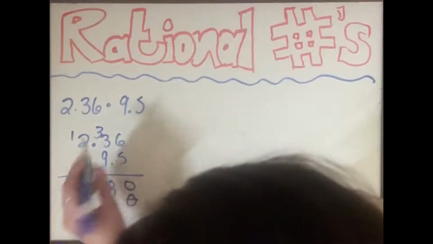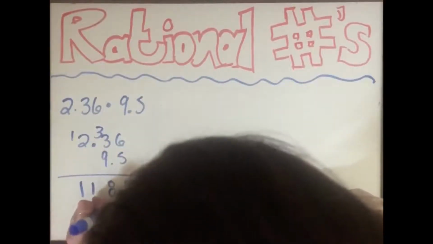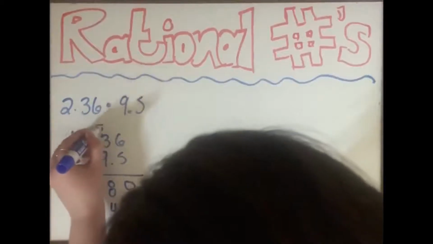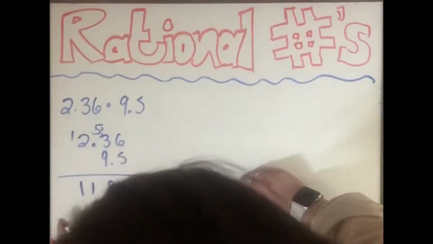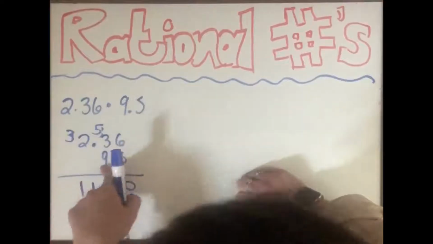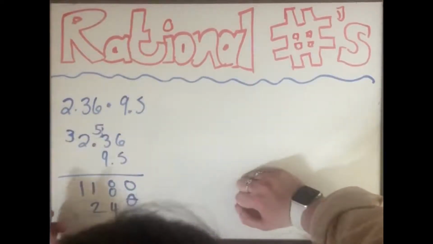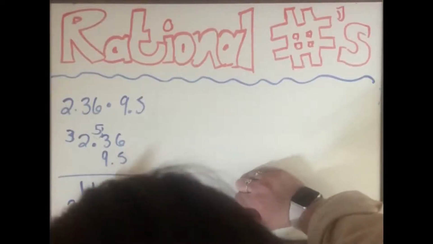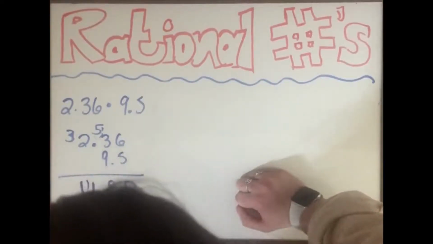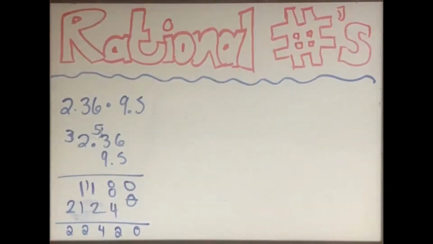Or you put a 0 there. 6 times 9 is 54. 3 times 9 is 27 plus 5 is 32. 2 times 9 is 18 plus 3 is 21. So you have 0, 4 plus 8 is 12, 4, 2, 2.